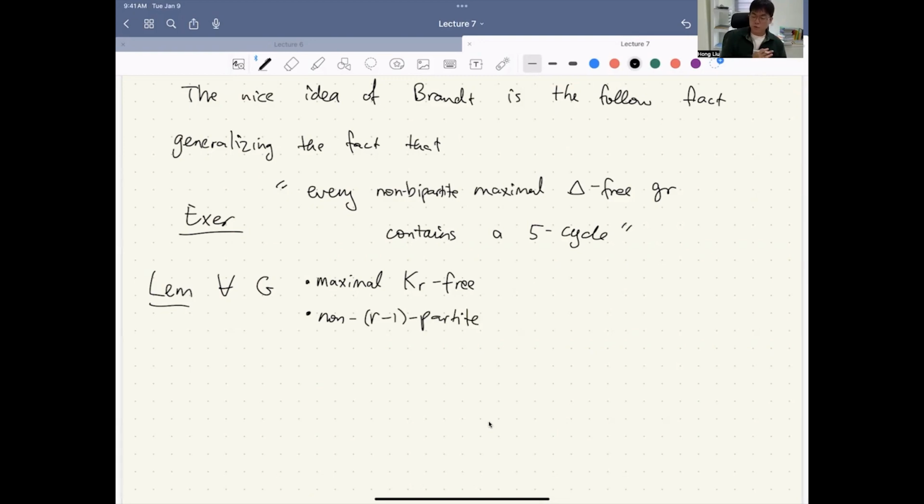Okay, when R equals 3, we have all these hypotheses above. Then G must contain not the 5 cycle, but the 5 wheel-like graph, the one we introduced earlier.